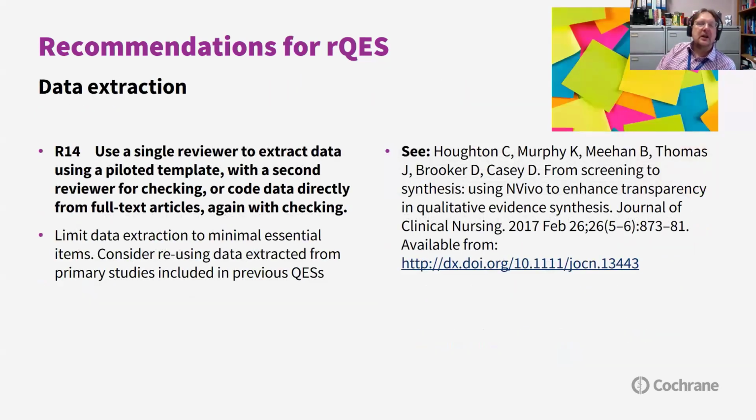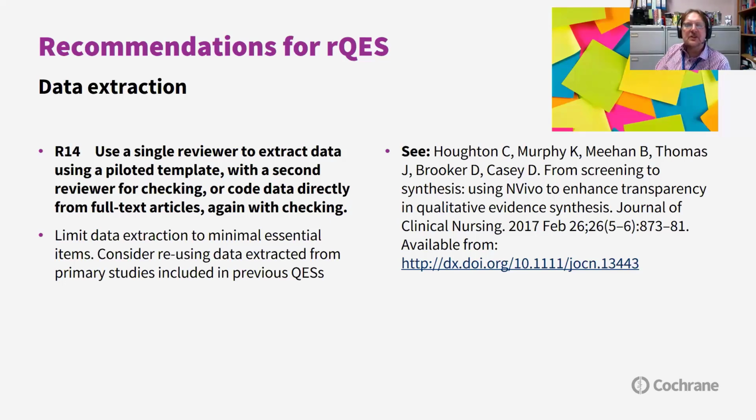Data extraction, we see limited evidence for requiring double reviewers. In this particular case, we're endorsing use of a single reviewer. We may have to limit the number of items that we extract, and it can be particularly helpful if we have some standard study characteristics that we will extract for every rapid QES, and then we look at augmenting from that generic template.